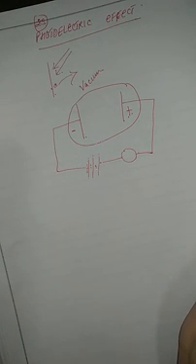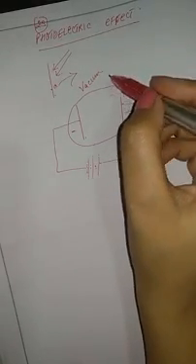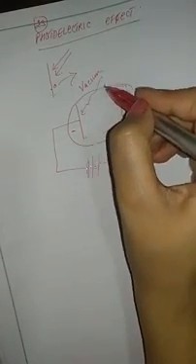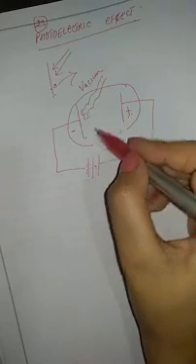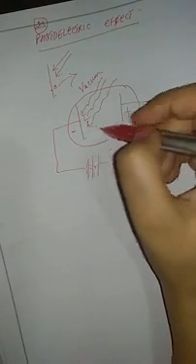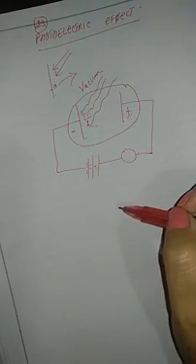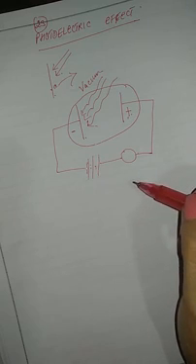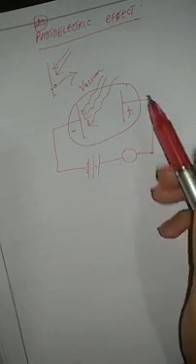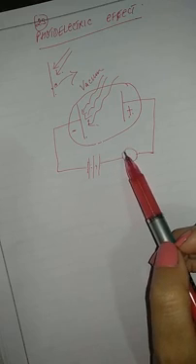Now what he observed was when the UV rays were made to fall on this zinc plate kept in the vacuum, the electric discharge becomes easier. That means some amount of current was flowing.